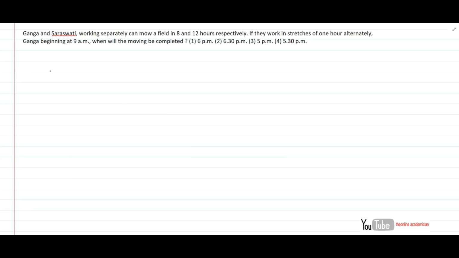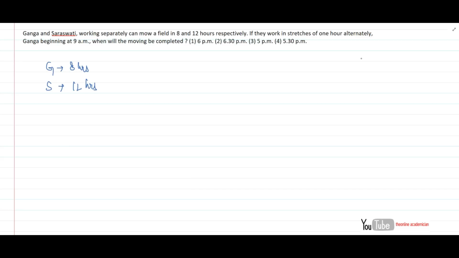It says Ganga can finish the work in 8 hours and Saraswati in 12 hours. And they work in stretches of 1 hour. Ganga beginning at 9 am.